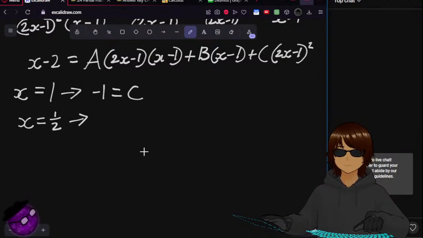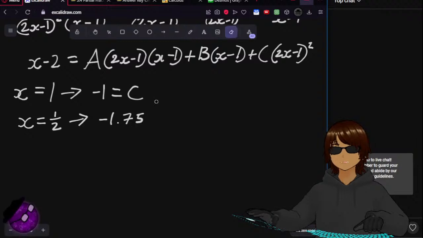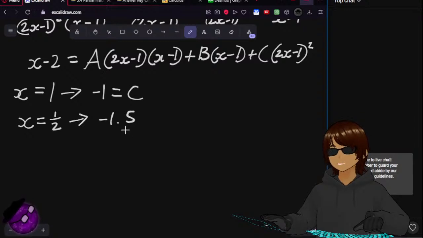So half minus 2, I think minus 7.5. No. If I add 1 to this, it will come minus 0.5. Add another one, it will come plus 0.75, plus 0.5.